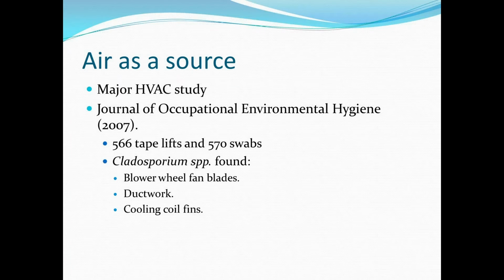But it was effective. They also took 570 swabs. From that, they found a high level of recovery of Cladosporium, in places like blower wheels, fan blades, ductwork, and cooling coil fins. So that was an interesting study highlighting the potential clean room risks.